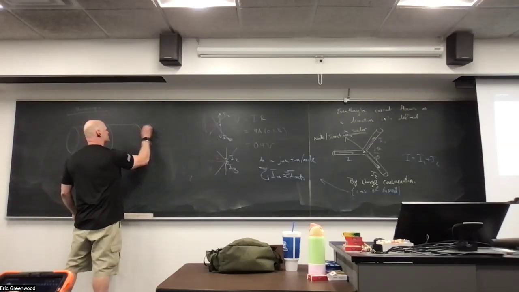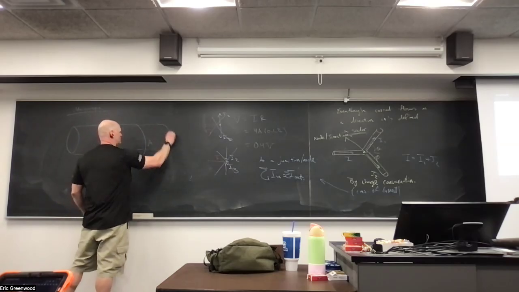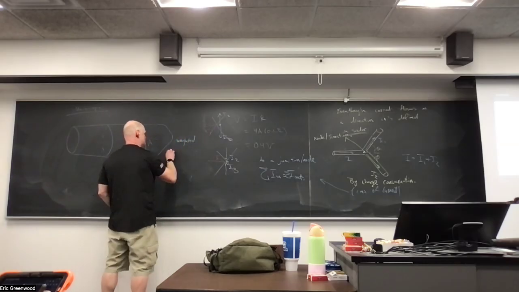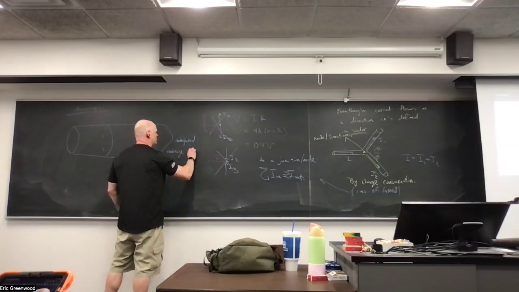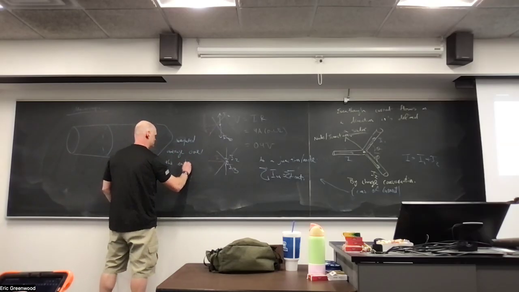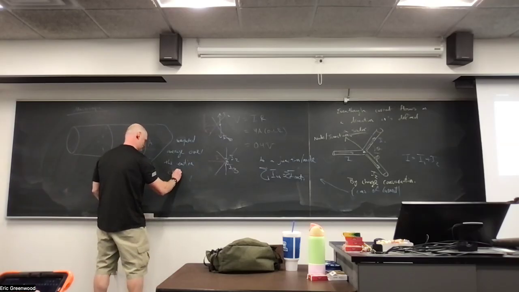Which means that the current passing through this is actually the weighted average over the entire cross-sectional area.